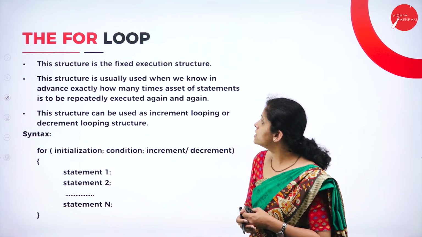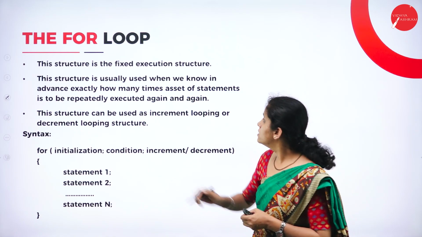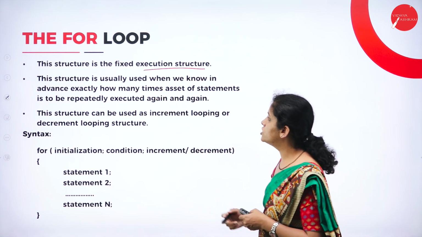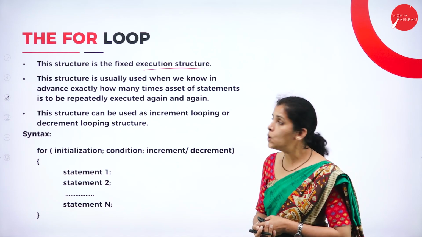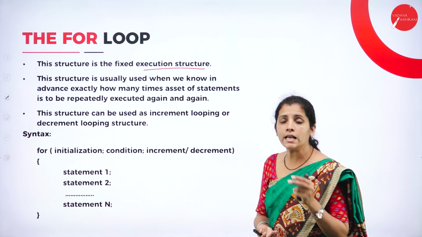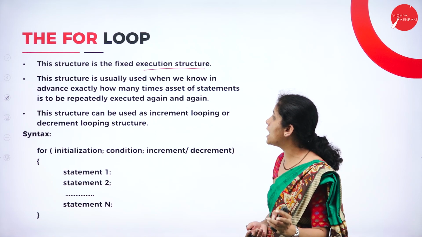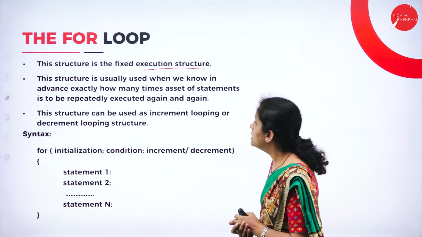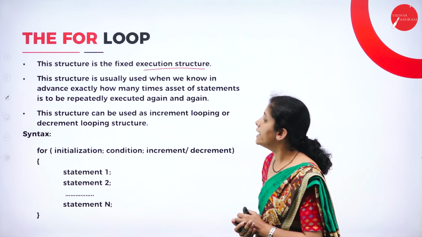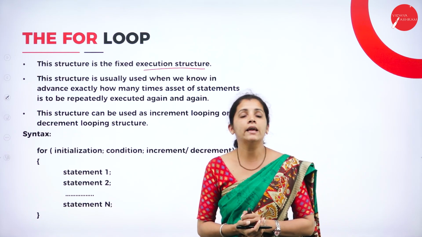So this structure is a fixed execution structure, and it is usually used when I know in advance exactly how many times a set of statements is to be repeated, executed again and again.